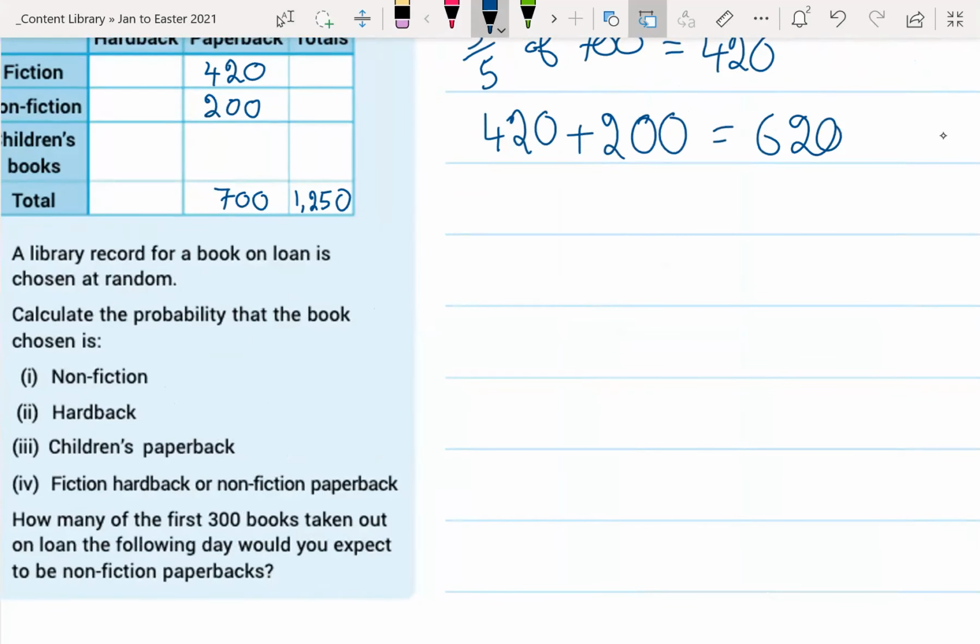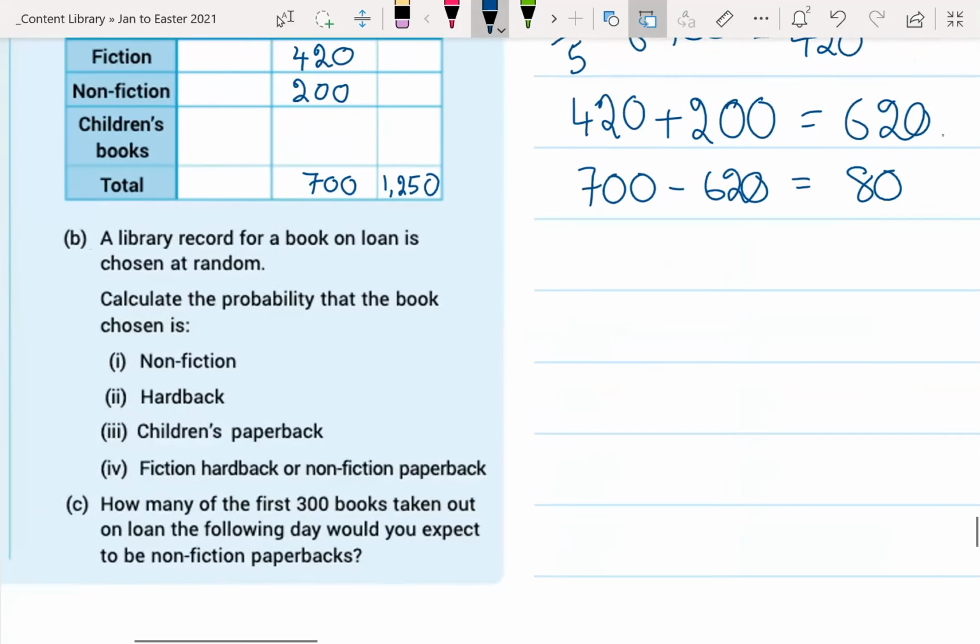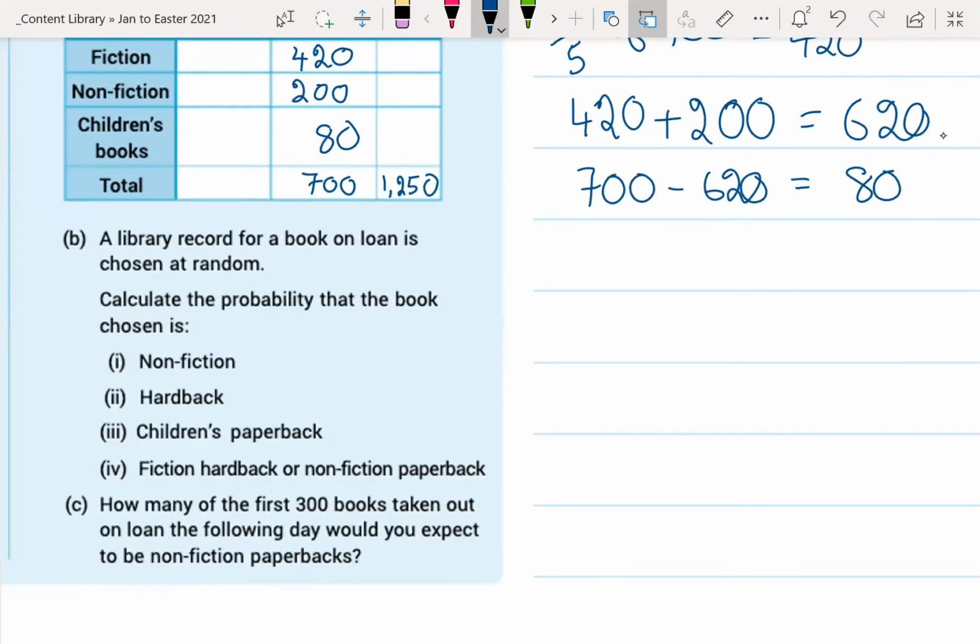And take that away from the 700, because there's 700 in total. Of course, that leaves us with 80. So we can put 80 in there.